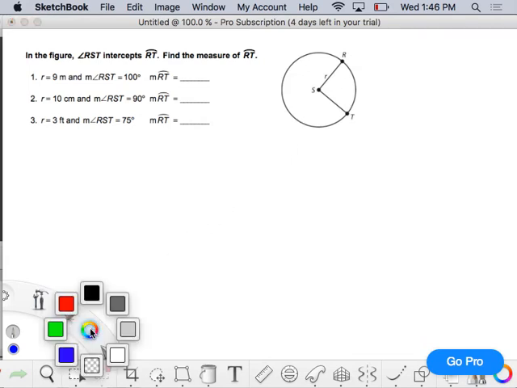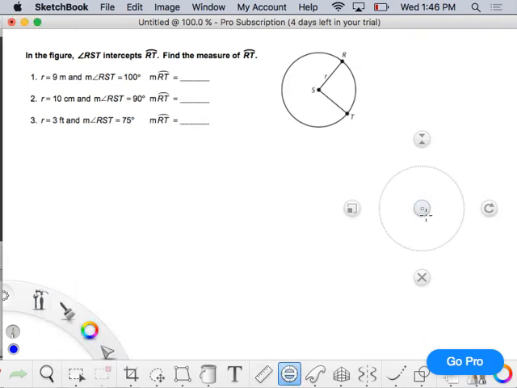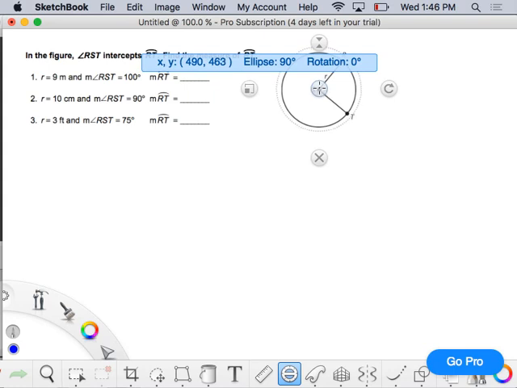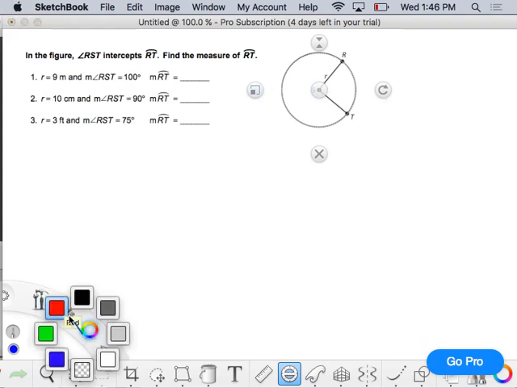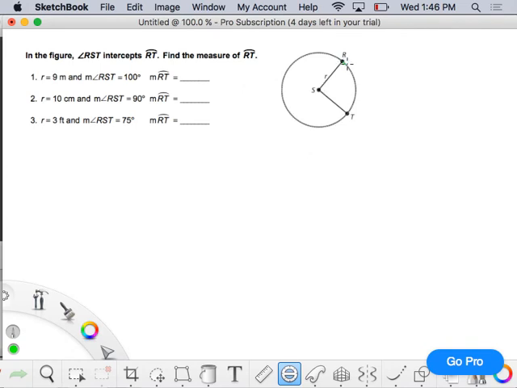Remember, I was talking about the measure of an arc, right? Well, the measure of an arc is different from the arc length, because the measure of the arc measures the arc in angles, like degrees, but an arc length measures how long the actual arc is. Okay?